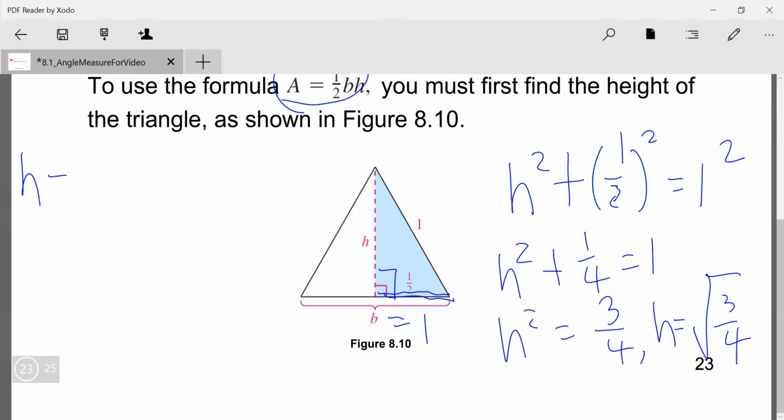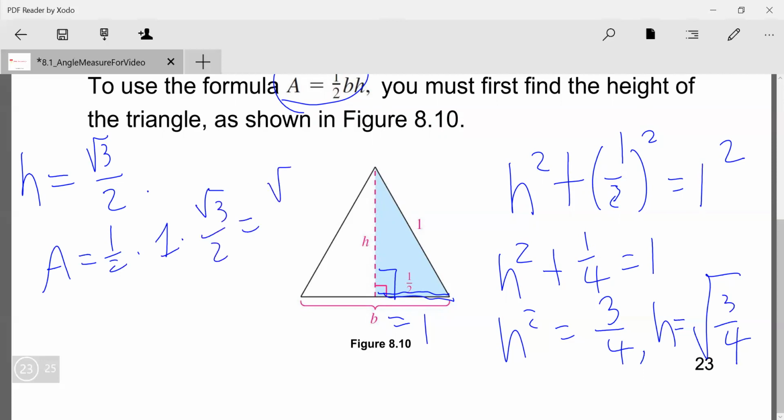Take the square root of the numerator, get root 3. Take the square root of the denominator, get 2. So that's the height. Therefore, the area is 1/2 b, which is 1, times the height. So we end up with root 3 over 4. That is the area of an equilateral triangle with side 1.